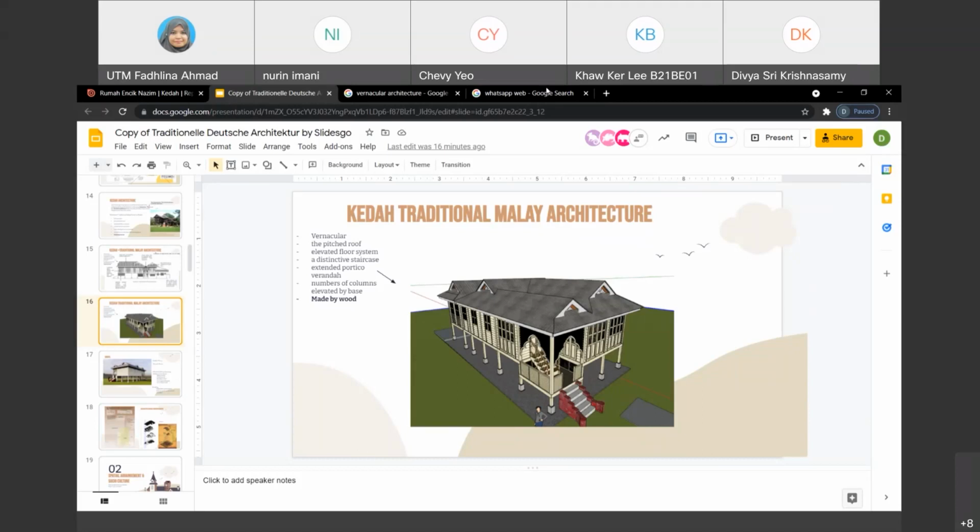Because if you want the history of the owner, it is like from his grandfather. Okay, is there any information about his grandfather? His grandfather is a head of the village. That is the most important thing because it is related to the social status of the original owner of this house.